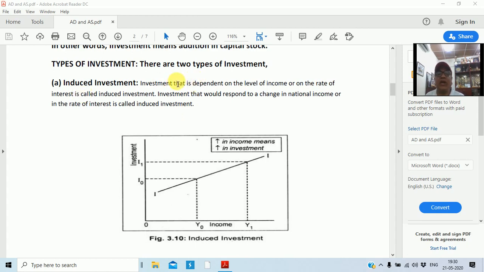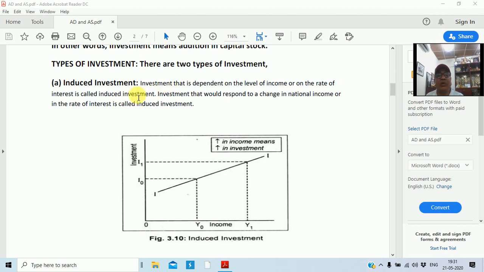So the investment which depends either on level of income or rate of interest, that is called induced investment. An example is investment made by the enterprises. Whenever the enterprises are going for the investment, they look into the income level, what expected returns are there, what expected income is there. At the same time, they look into the rate of interest, and that investment is called induced investment.